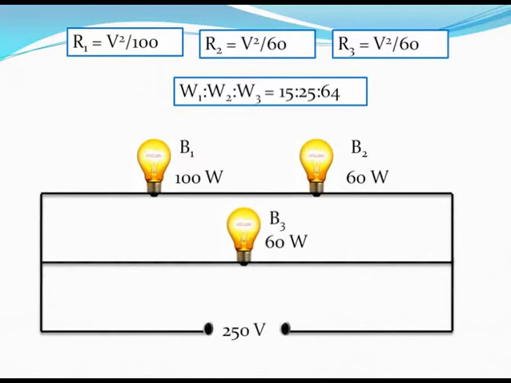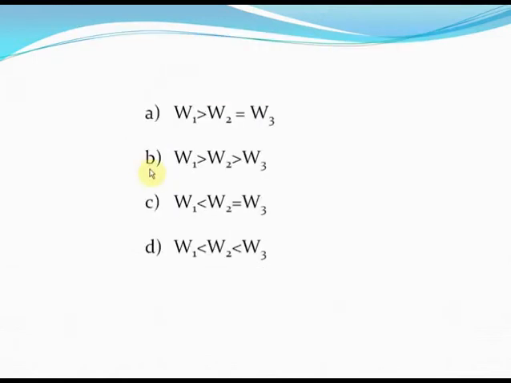And now that we've determined this, we can go and take a look at the options. These were the options given in the IIT JEE problem. Clearly, W1 is less than W2 less than W3. So A is wrong, B is wrong, C is wrong and option D is correct.